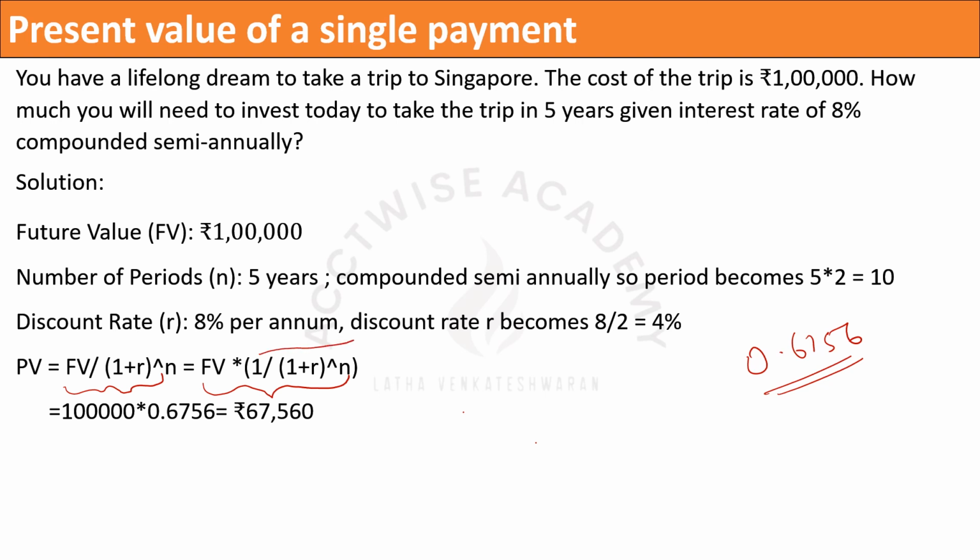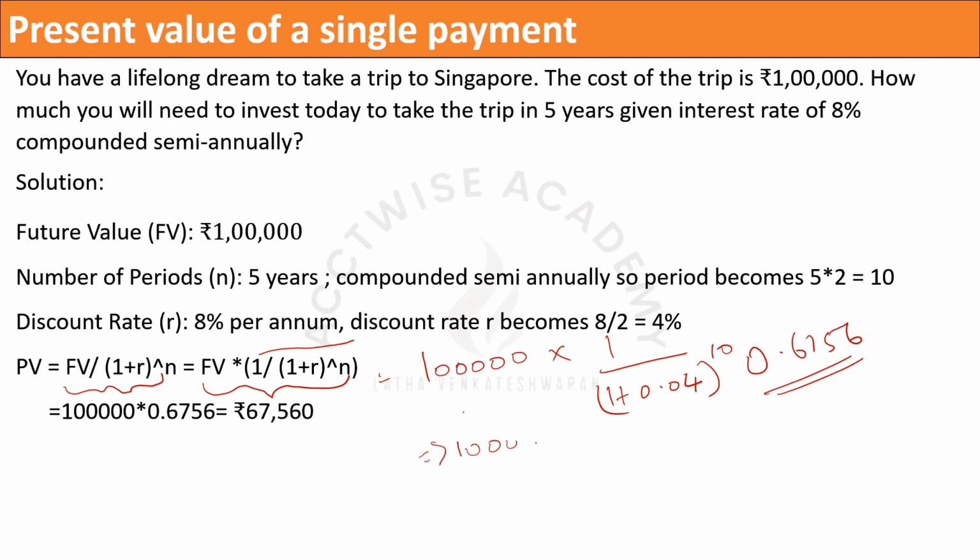You agree both are the same, right? Yes, both are the same. So let us see using the formula method: 1 lakh into 1 divided by 1 plus 0.04 to the whole power of 10.